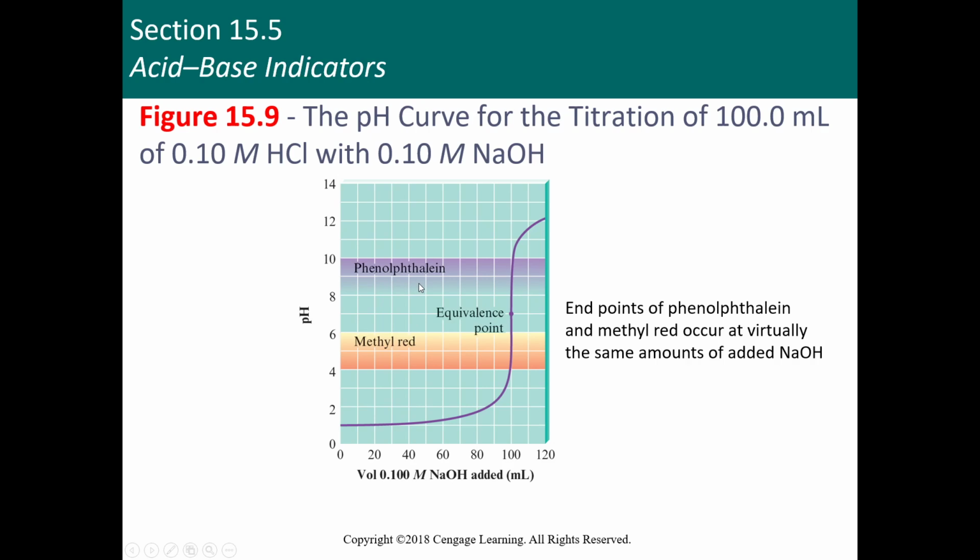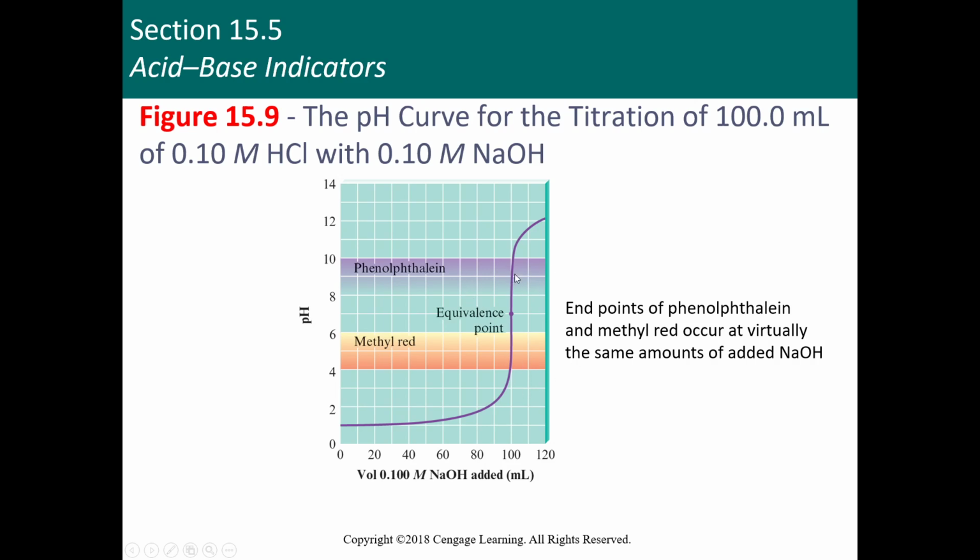We see methyl red and phenolphthalein here. You can see that the endpoints of phenolphthalein and methyl red occur at virtually the same amounts of added NaOH. They both occur at this very rapid climb in pH right next to the equivalence point. The methyl red is slightly better, but not by much.